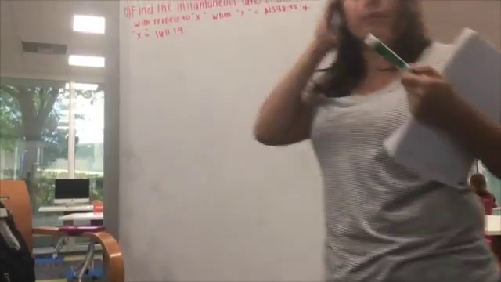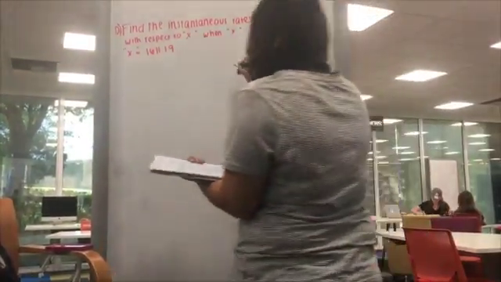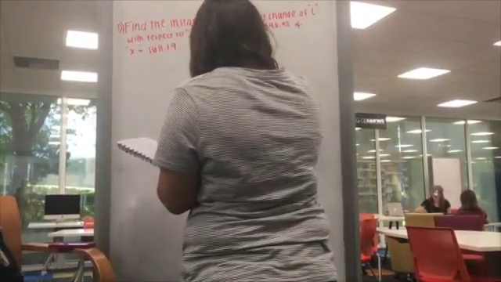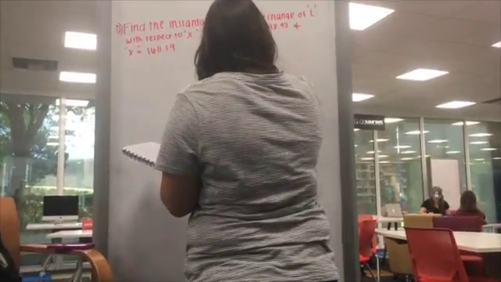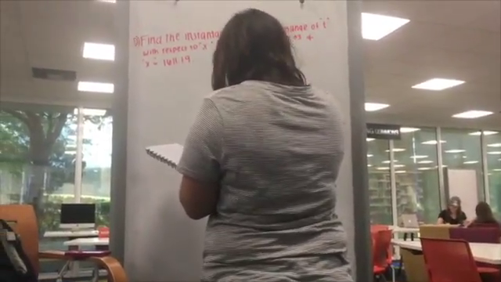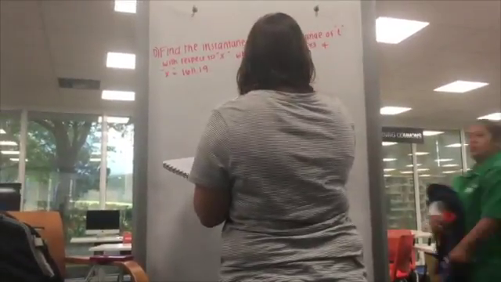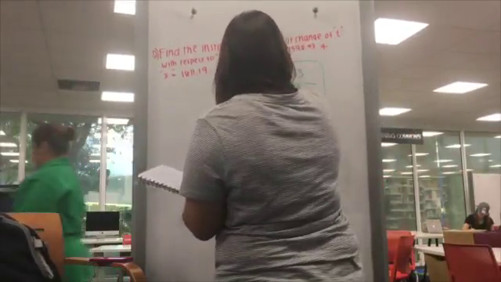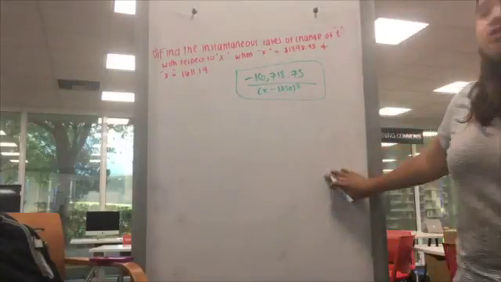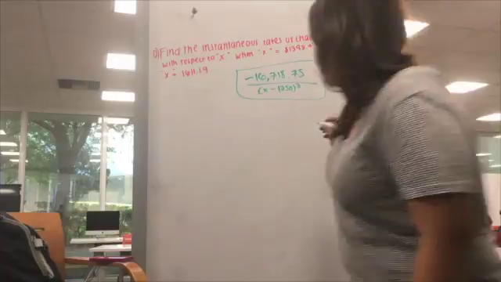To be clear, I'm gonna rewrite our derivative function. This is our derivative function. So now we just have to replace the x's. First we're gonna do the first value.